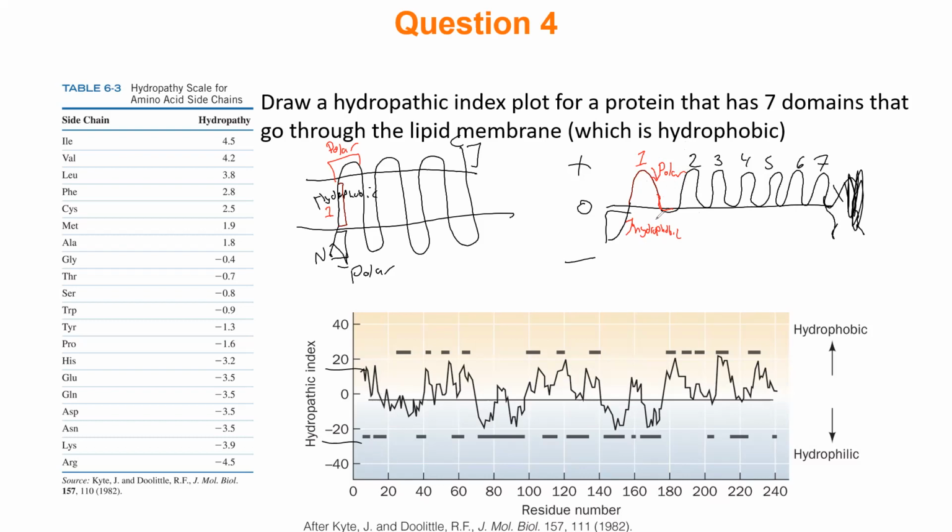The line's going down, you have a lot of hydrophilic amino acids in a row. And for transmembrane proteins like this, the line does not have to go below 0 because these parts of the proteins are very small. It's just a small loop region. So when we're talking about a running average, it's probably not enough to make the plot go below 0.